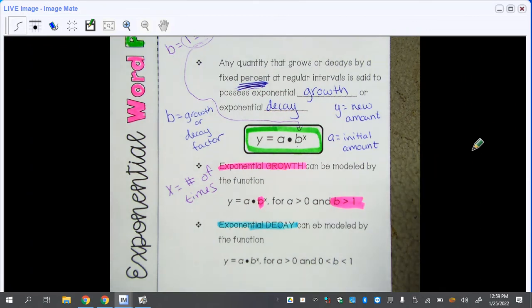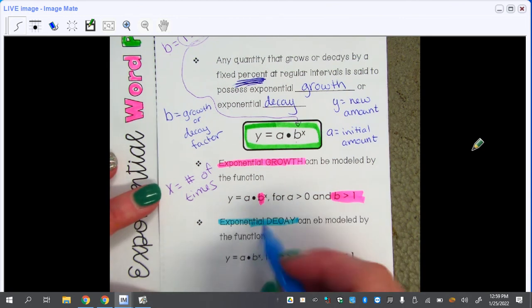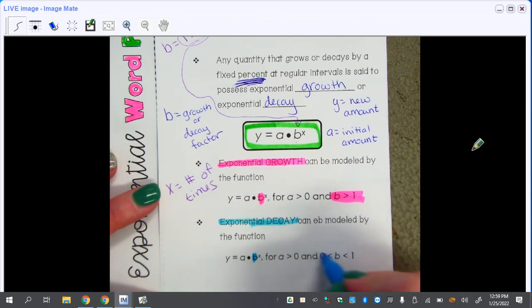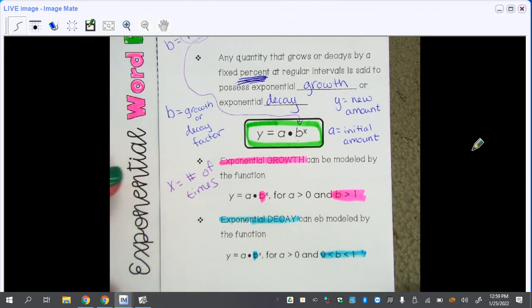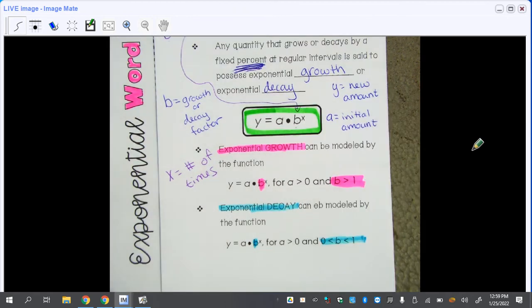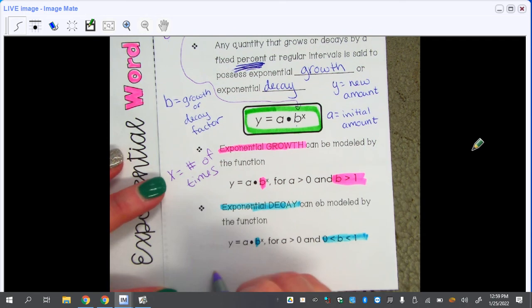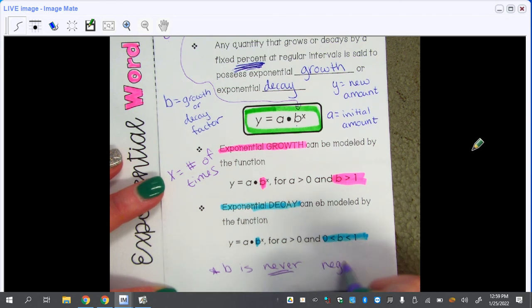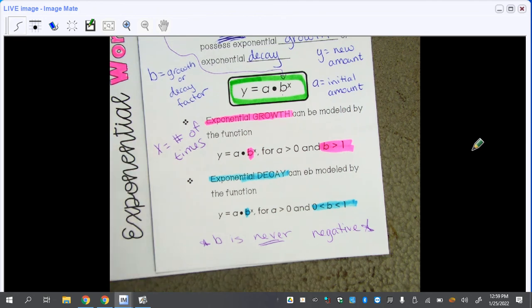It's still greater than 1, not by much, but it is. For decay, your B value is going to be between 0 and 1, so it's going to be a fraction, like 1/2, 2/3, 3/4. B is never negative. B is always a positive value for these word problems.